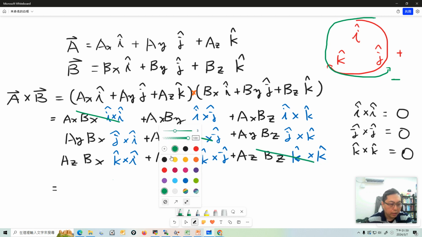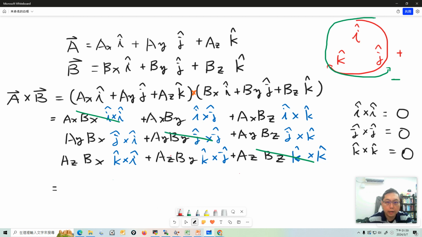Next we see I cross J, which is equal to K. And I cross K is the green direction, which means negative, so I cross K equals minus J. Then I cross J is positive K. What is J cross I?